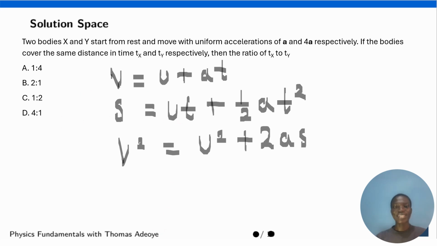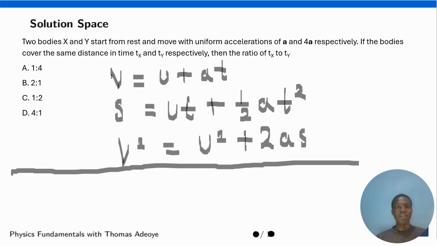So let's write this equation for car X and for car Y. For car X, the distance will be X, equal to U, and the initial velocity is 0 for all of them. So 0 multiplied by t will be 0, of course. So you now have plus 1 over 2.